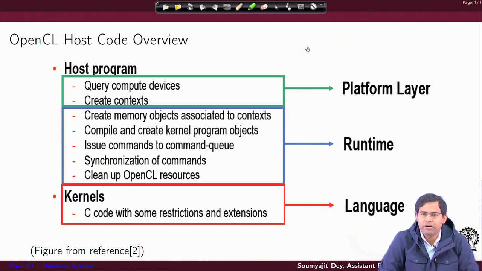You may have two different contexts sitting in two different vendor provided platforms containing multiple devices. So this is very important. You have to understand you can have multiple platforms coming from different vendors, and each platform can contain multiple compute devices: CPU, GPU, maybe some other compute nature like DSP and all that.